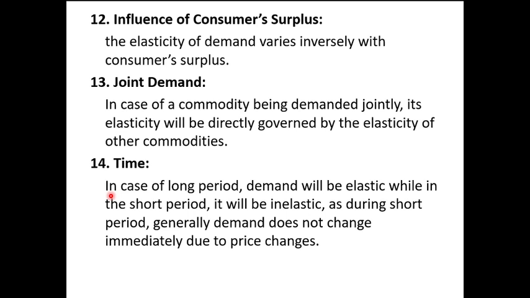In case of a commodity being demanded jointly, its elasticity will be directly governed by elasticity of other commodity. For example, the demand for petrol depends upon the number of cars or vehicles available.